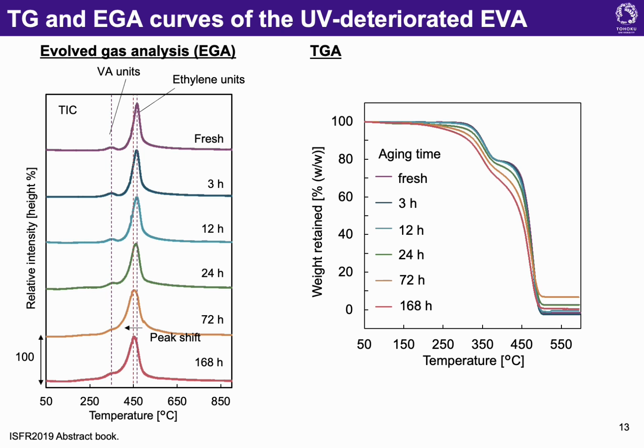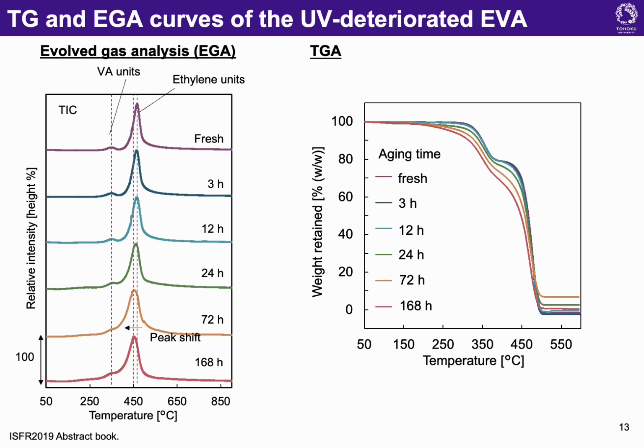The pyrolysate emitting behavior of the fresh and aged EVA encapsulant samples was studied using EGA-MS. The total ion chromatograms (TIC) of the fresh and aged EVA encapsulant are summarized in the left figure.